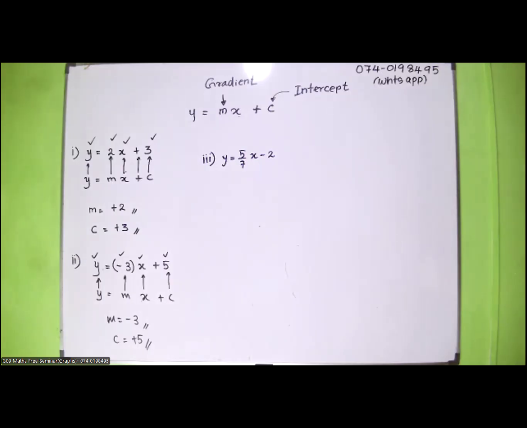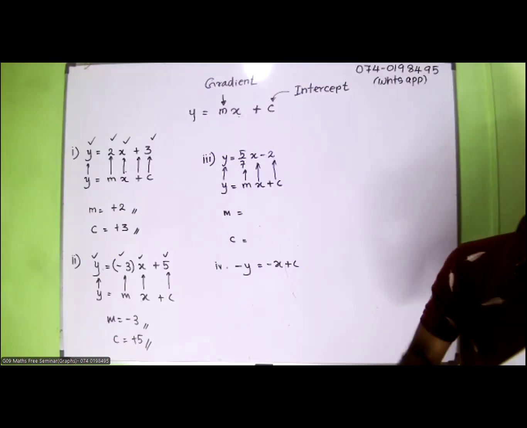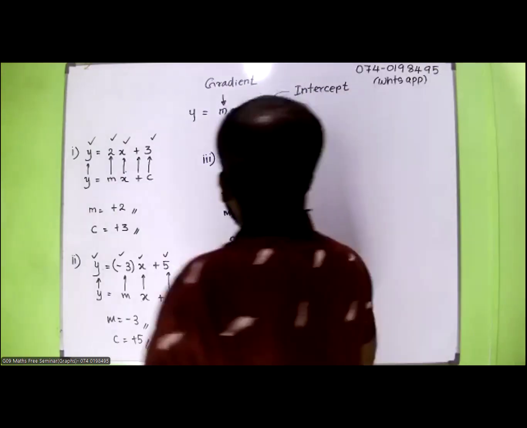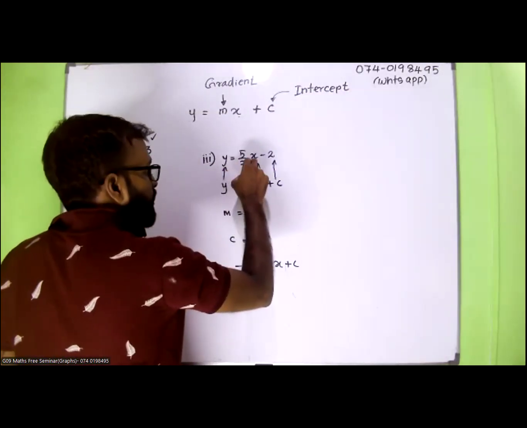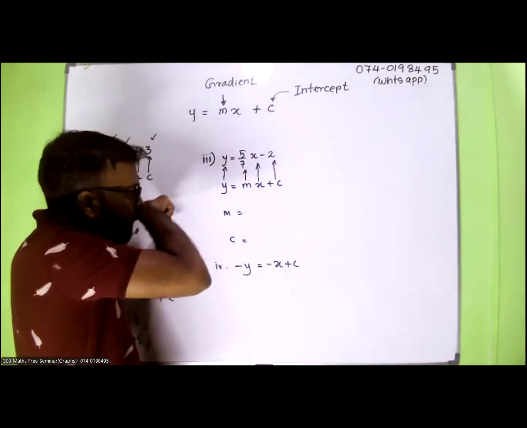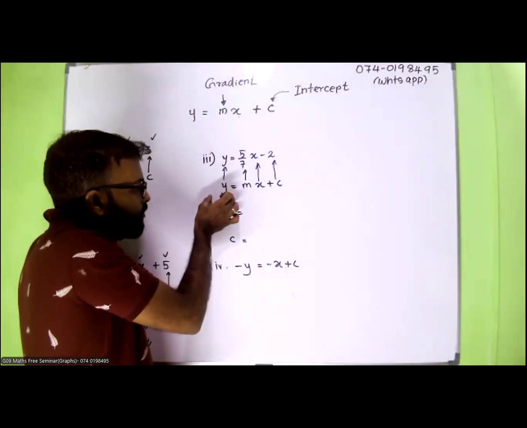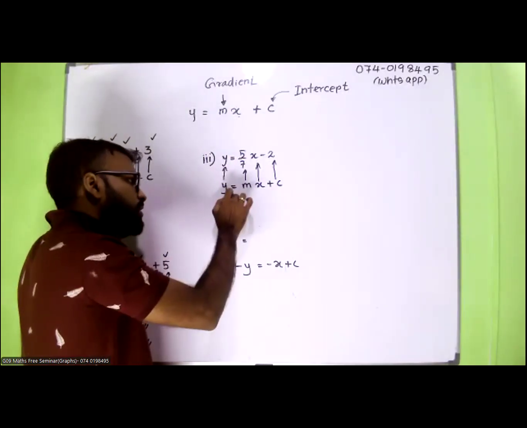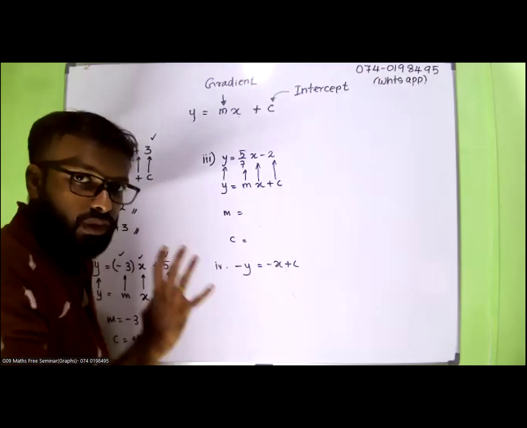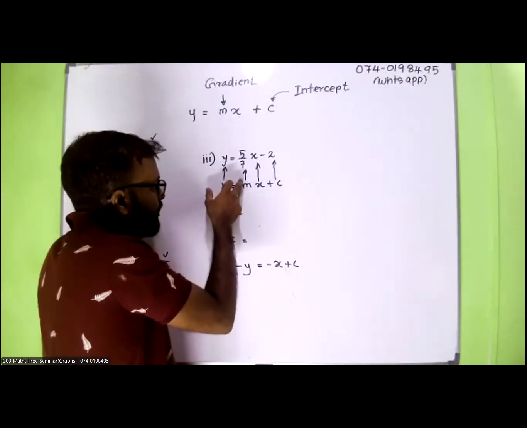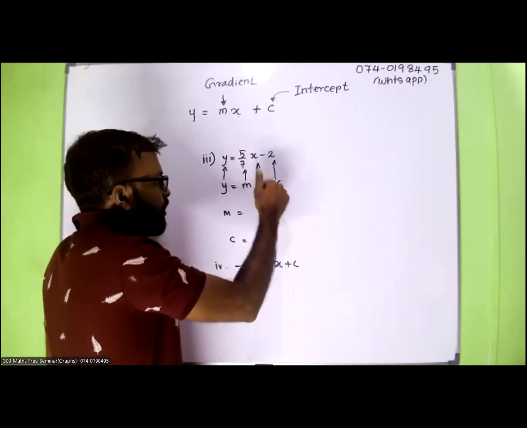Y equals 5 upon 7 x minus 2. I will explain this. Now we need to check whether this is in y equals mx plus c form. So y, yes, okay. M, okay. X okay.